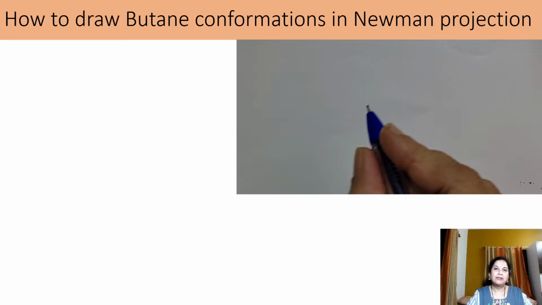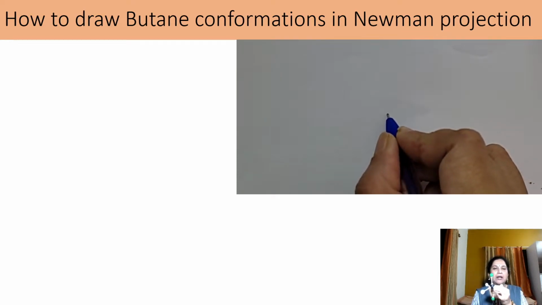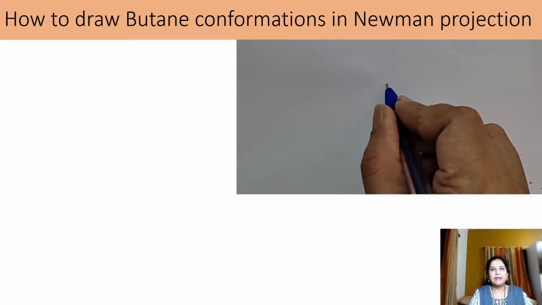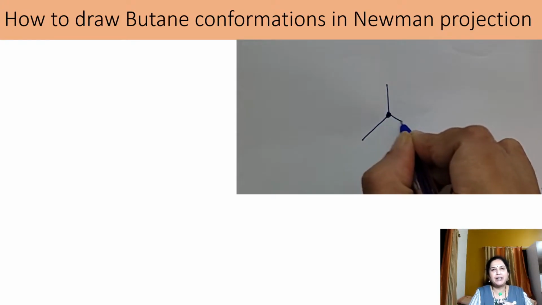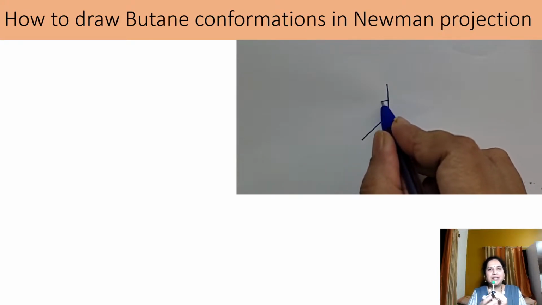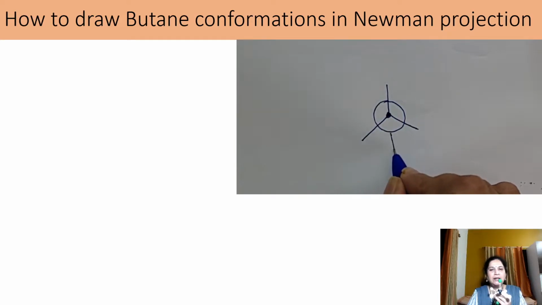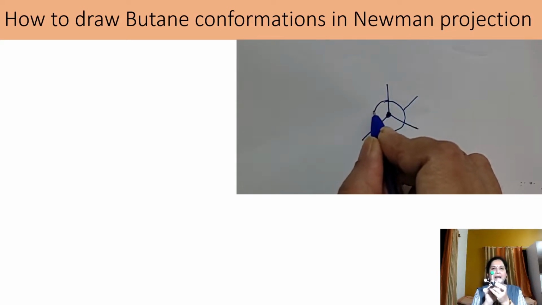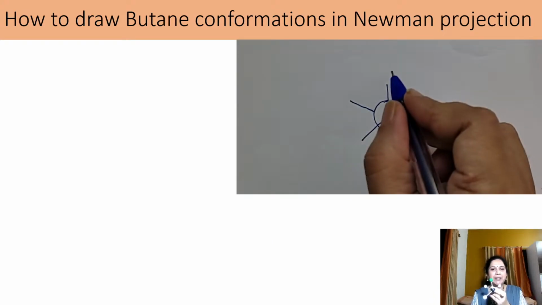You know that in Newman projection we hold this carbon-carbon bond perpendicular to the plane of paper and we watch the molecule from this side. Now we will try to draw this conformation on paper. We will show the front carbon by a dot with 3 sticks making an angle of 120 degrees, and the back carbon by a circle, and all the back bonds I will show in between.